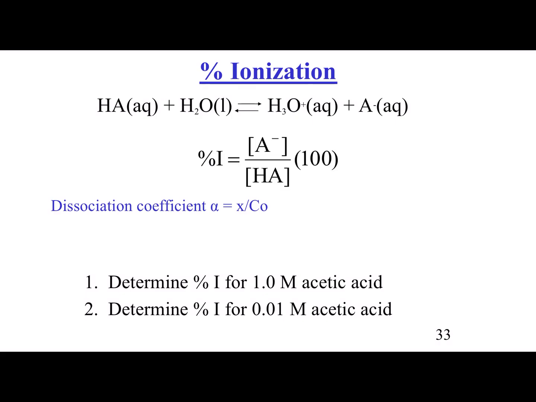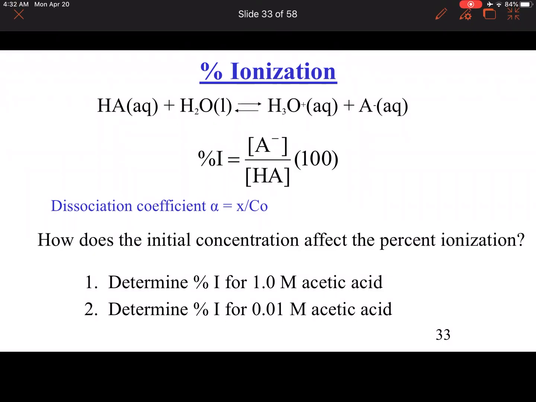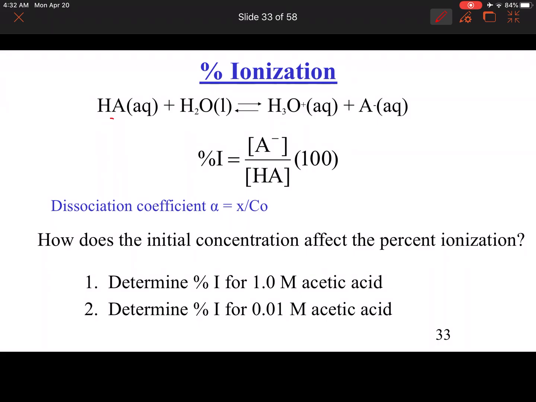Before that, I'm going to just briefly remind you about percent ionization. You already know that the percent ionization is how much the acid actually ionizes, in percentage. So if I have my weak acid with a concentration C initially, and then it reacts, minus X, and then X amount of A minus, then the amount ionized would be X moles.